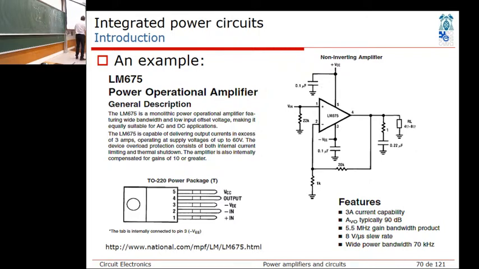This can be used for more than audio, as it has a wide power bandwidth of 70 kilohertz, so you can run some lower frequency ultrasonics with this one. Excellent. But anyways, that's a power amplifier in one can: power supply, minus power supply, a differential input as in any operational amplifier, and then an output. And that's a way to do it.